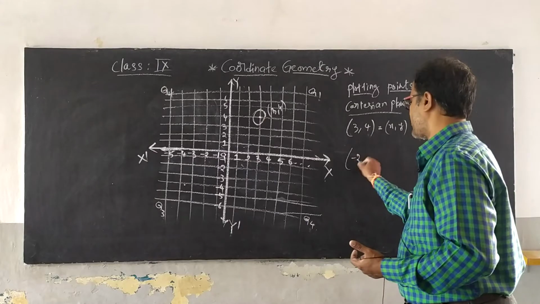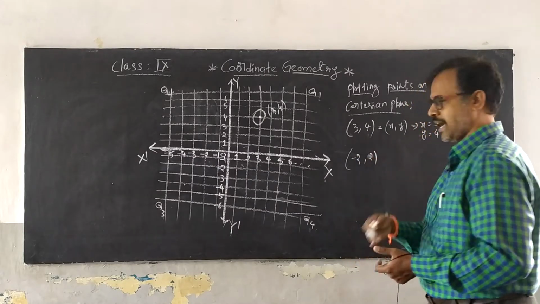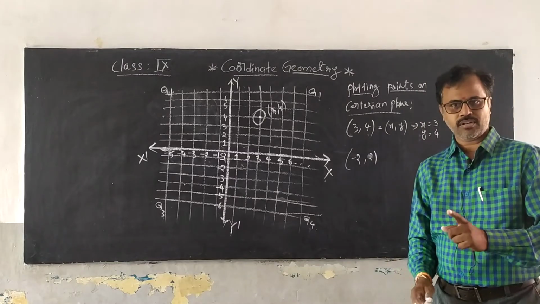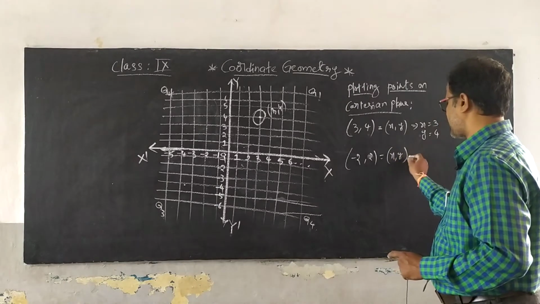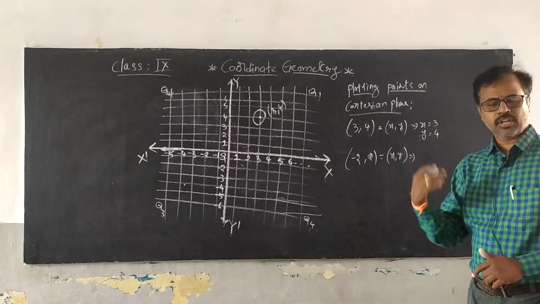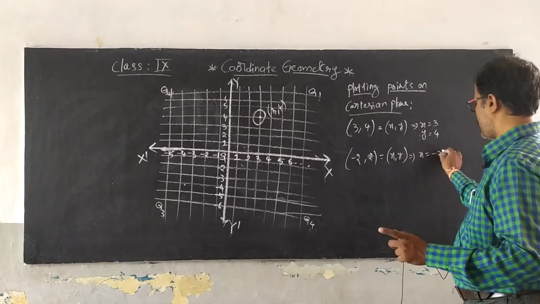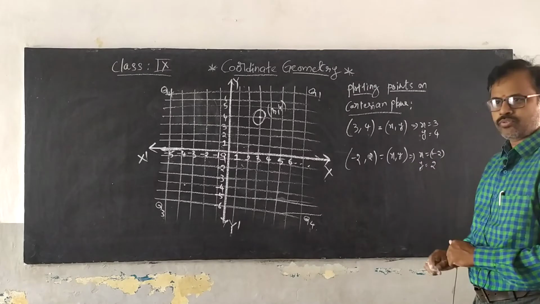Now if I want to take minus 2 comma 2, how do you plot this point? First, take it equal to x comma y. X is equal to minus 2 and y is equal to 2.